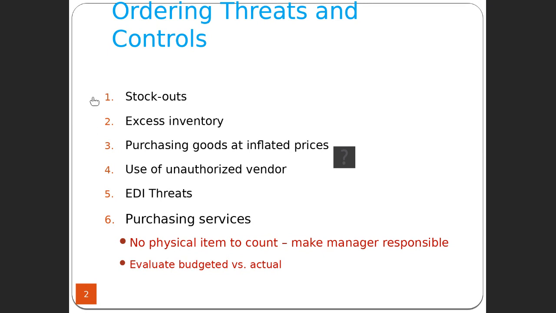So you could run out of inventory and your customers may go somewhere else to buy the product. In that case, you'll lose sales. If you have excess inventory, if you order too much, then the inventory can expire, or it can go out of season, or go out of date.